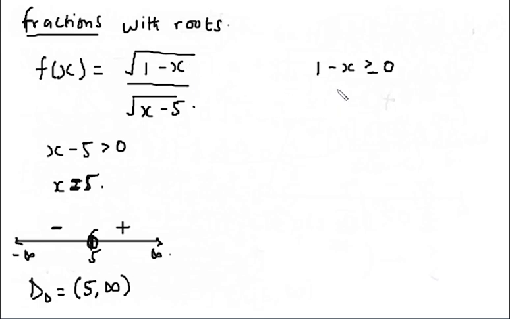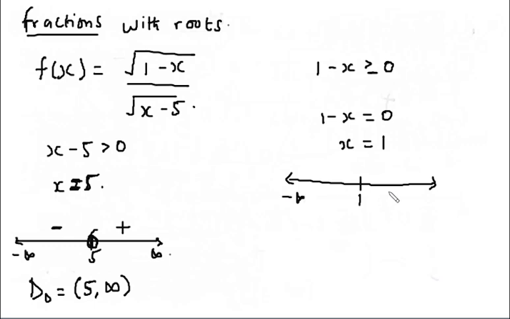So in this case, the point of interest is 1 minus x equals 0. And then moving this over to this side, x is equal to 1. So the number line would be of this form. So you have 1, and then you have negative infinity, positive infinity here.